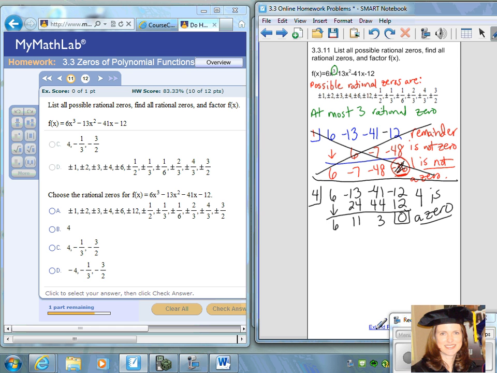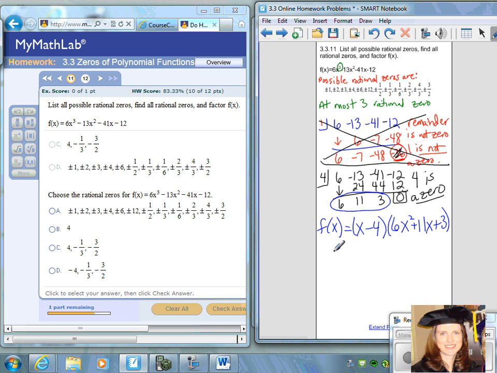Since 4 is a 0, we can factor this polynomial. With 4 being a 0, I know x minus 4 is a factor, and the other factor is found below the line with synthetic division as 6x squared plus 11x plus 3.